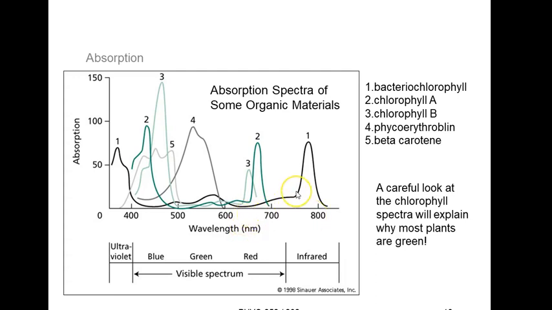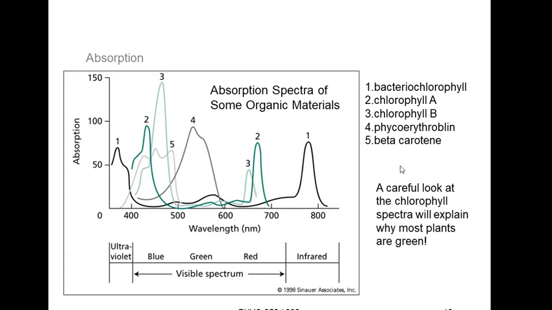I chose this one because we can see something here. This is some chlorophylls and also phycoerythrobilin, I'm not sure what that is, but also beta carotene. These are some organic materials.